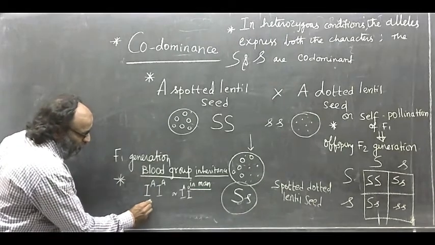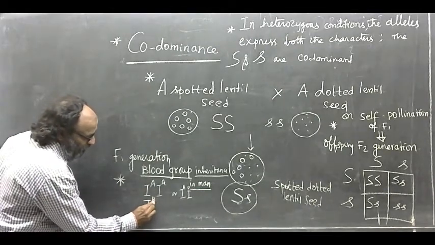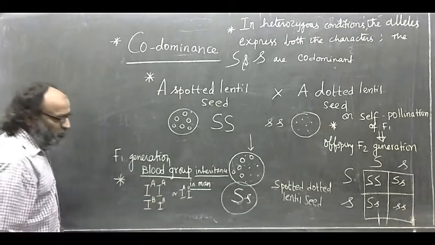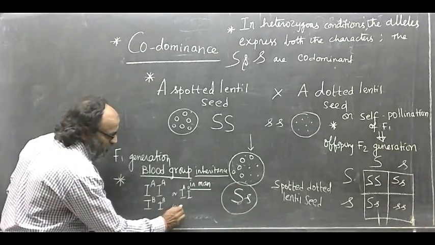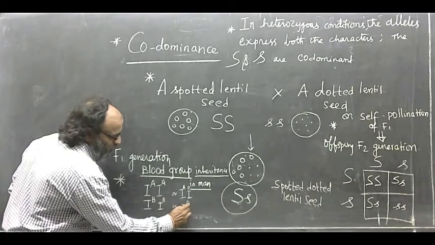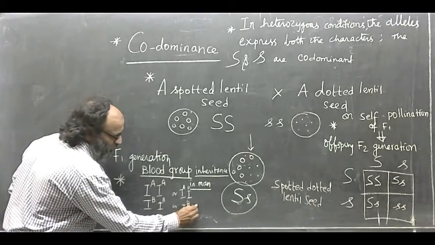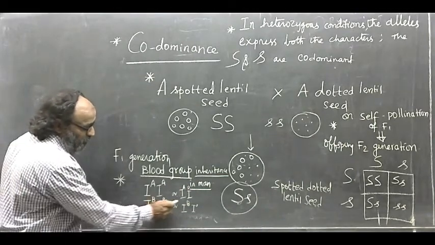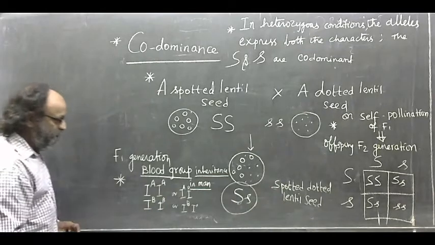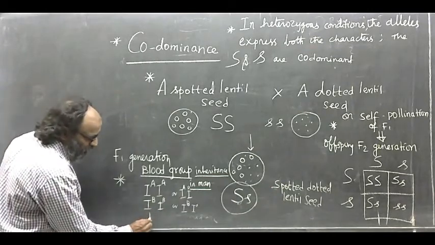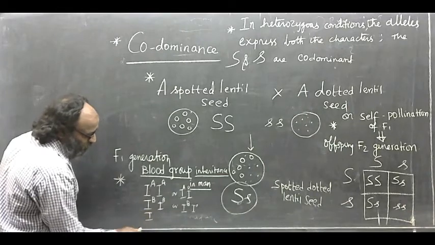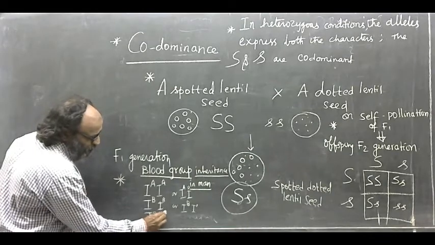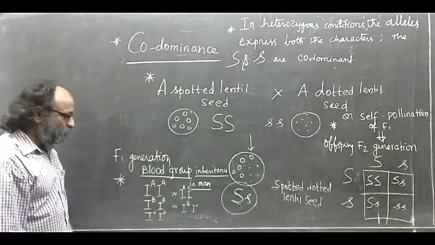And the person with the blood group B means it is IB IB, or IB IO. Here also the person is with the blood group B. If you observe the third case, a person with blood group O is IO IO. That's all. He is a person with a blood group O.